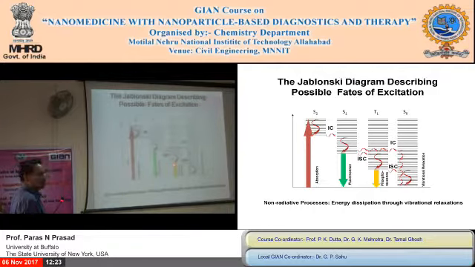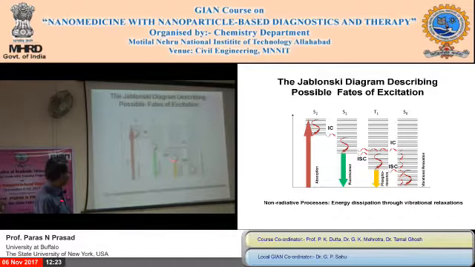Also, because it is a long-lived state, sometimes called a metastable state, you can do photochemistry. It's more likely to do photochemistry from this, or you can do energy transfer to another system. And this is a very important state for biology also.